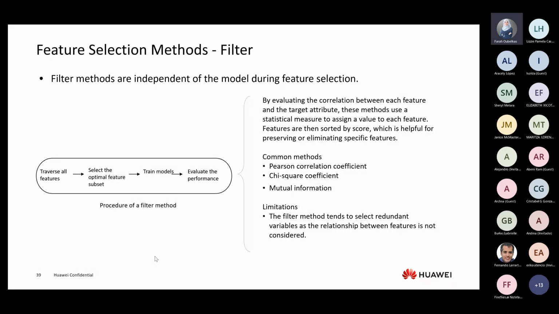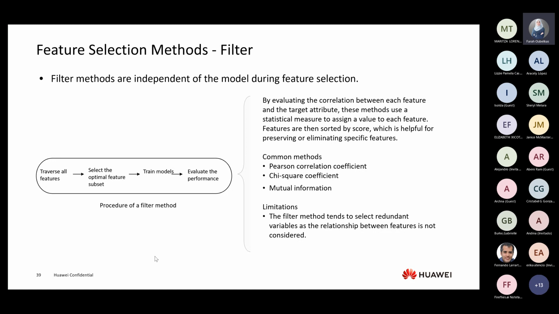We use correlation to drop the variables that add the same information to the model. Is it clear? Do you understand the difference between the two? Yes, it is clear.